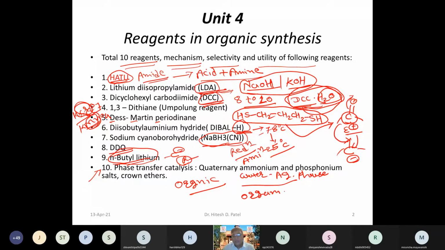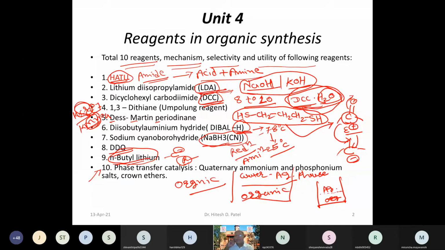So now we have two phases in the reaction, one is aqueous, another is organic. Suppose this is your reaction mixture. In the reaction mixture, this one is organic phase and this one is aqueous phase.